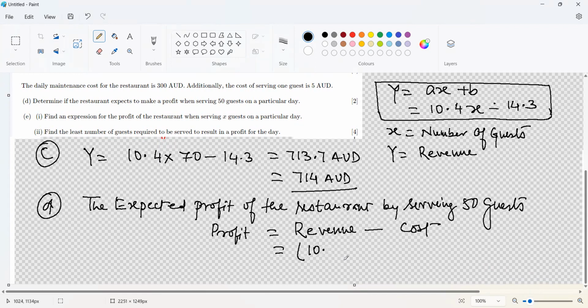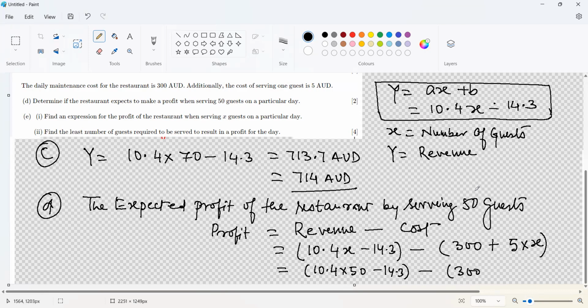Revenue function is 10.4 times x minus 14.3, minus the cost function, which is 300 AUD you need to pay for the maintenance plus $5 you have to pay for a single guest. Now check for the 50: 10.4 times 50 minus 14.3 minus 300 plus 5 times 50.